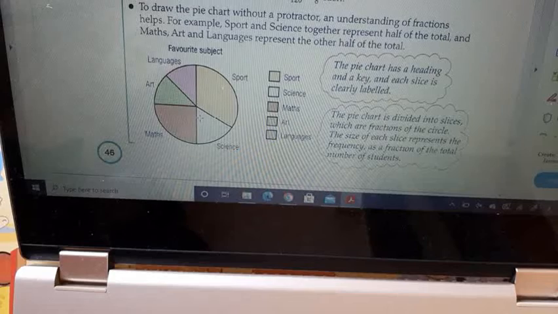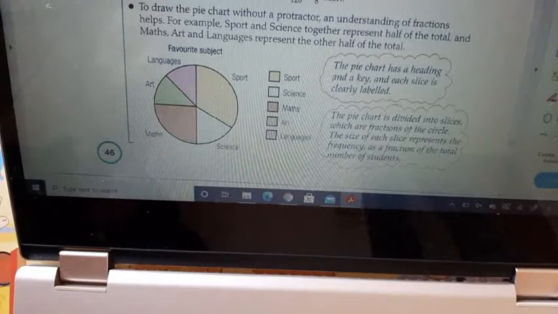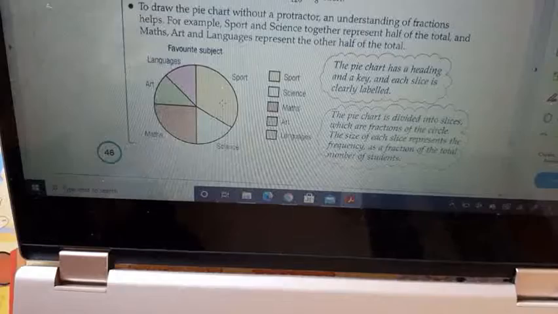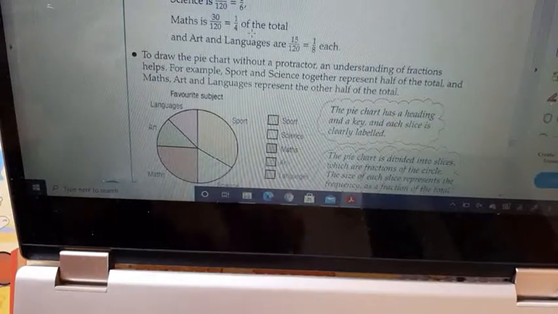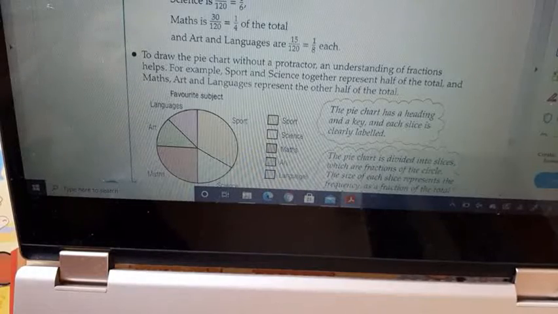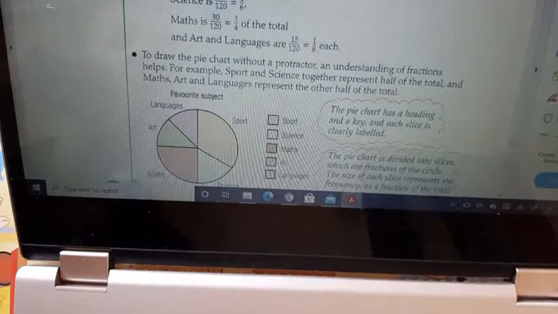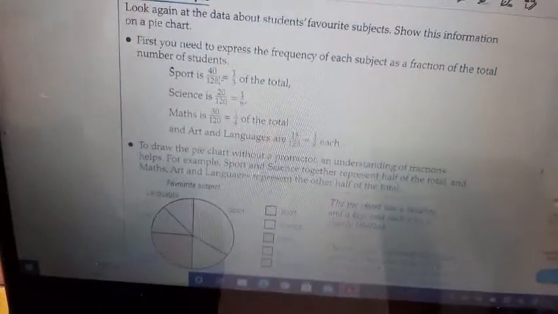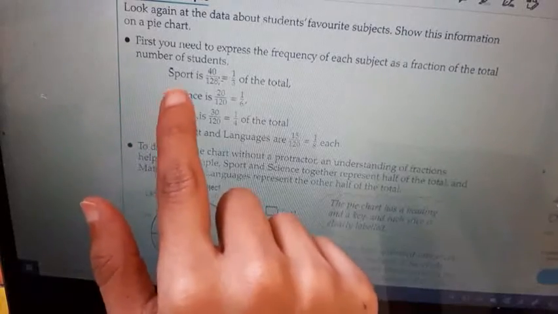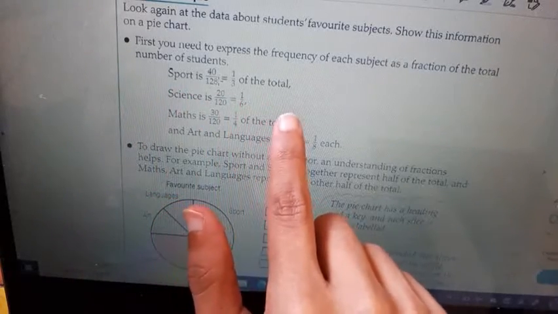And the size of each slice represents the frequency. That's why we already represented the frequencies in terms of fractions, right? For example, for sport, we had 1/3 of the total, right?